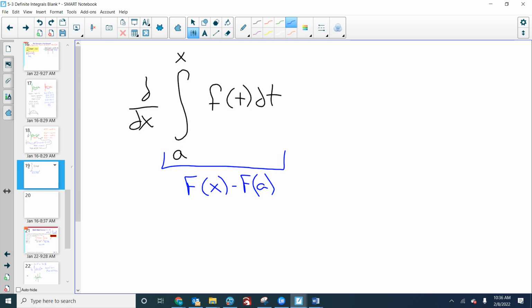A of x, b of x, c of x, whatever you want to call it. That's the area function. But we're taking the derivative of it. What's the derivative of capital F of x? Little f of x. And minus, what's the derivative of capital F of a? 0. Okay, so we went through all 3 stages symbolically.